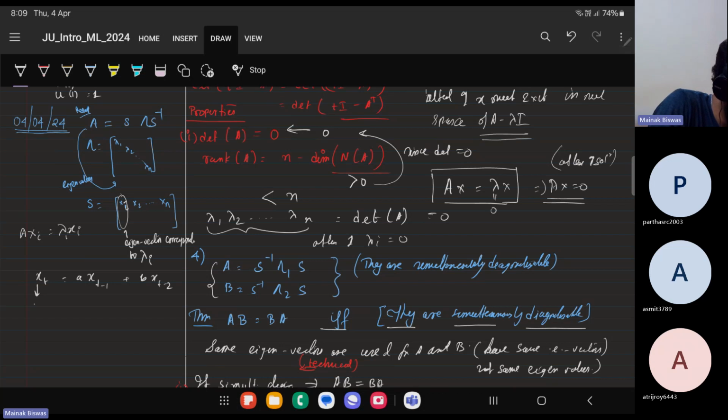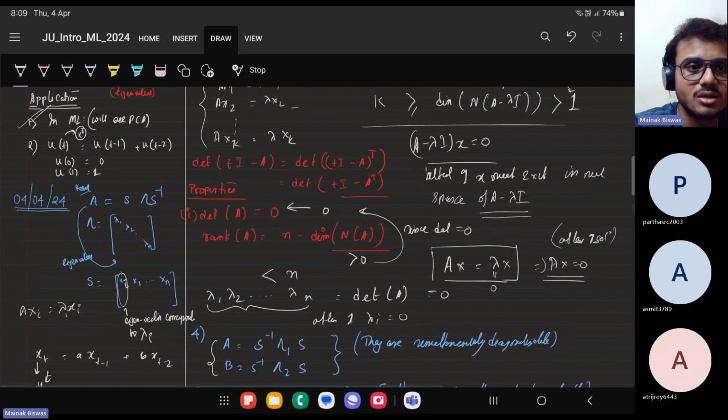You had questions: why did I take y to the power t, and why did I take a linear combination of all those solutions? We'll see how linear algebra and eigenvalues in particular help here.